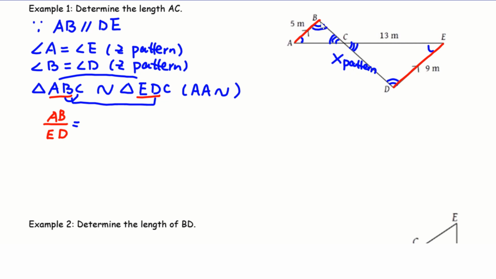So BC is here, corresponding to DC, this one. BC, the last two letters from the triangle's name, then equals, we have only one side left, AC over CE.